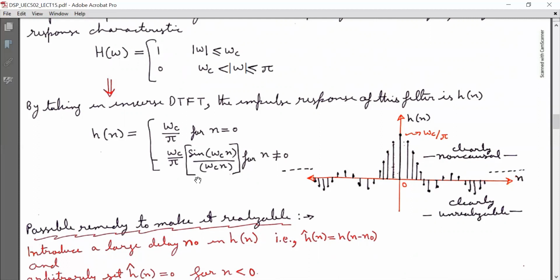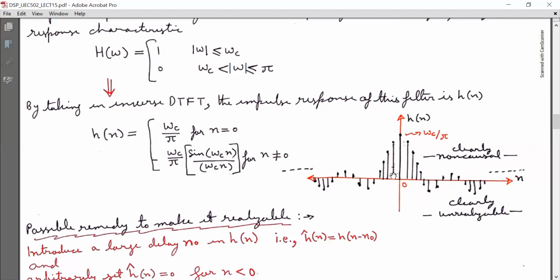Now I am plotting h(n) with respect to n. It is clear from this diagram that h(n) is non-causal and non-zero for n ranging from minus infinity to infinity, so it is clearly unrealizable.